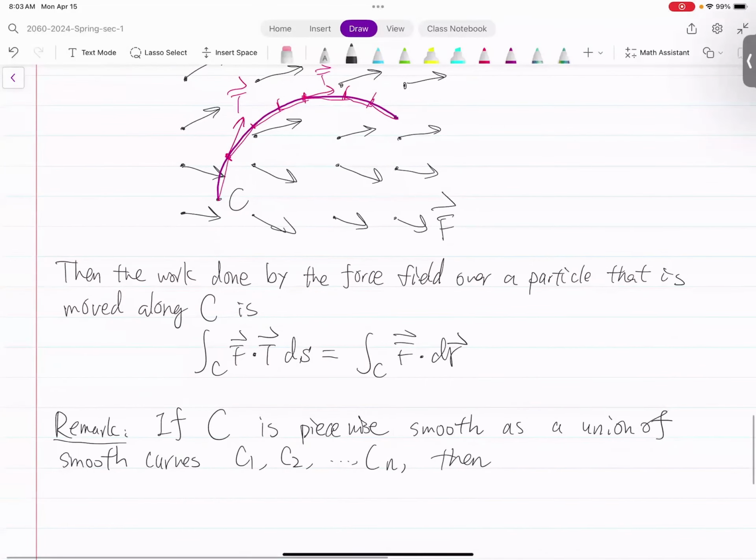Then the line integral on the entire curve C of F dot dr is exactly the line integral along each piece.